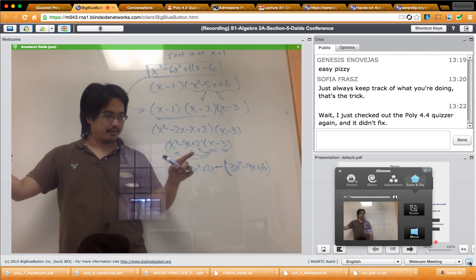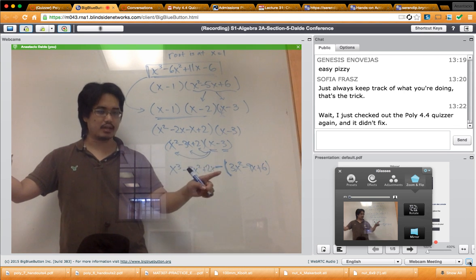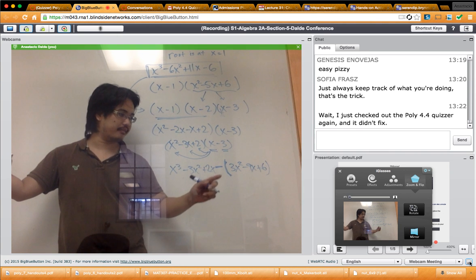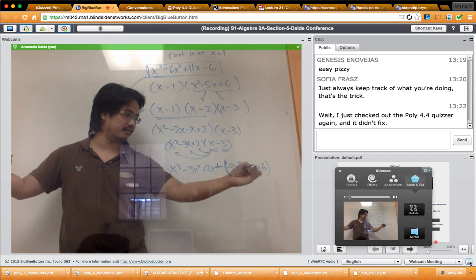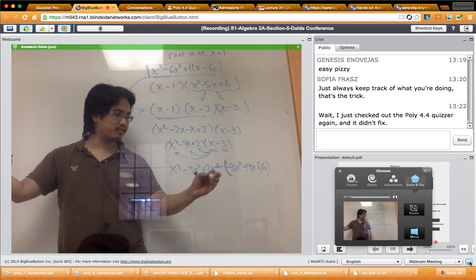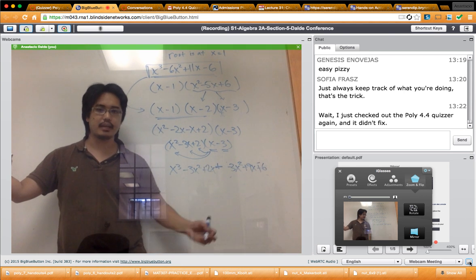And be careful, I actually multiplied everything by positive 3 because I already took the subtraction into account there. I'm going to get rid of the subtraction off my parentheses by just changing the sign of everything in here. So now I can drop that parentheses, and I'll combine like terms.